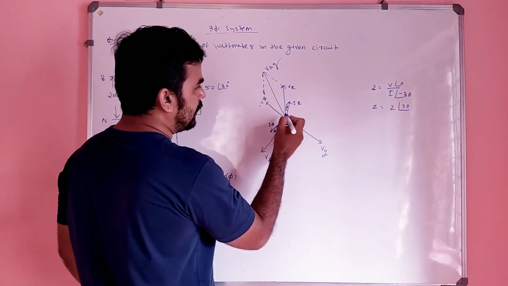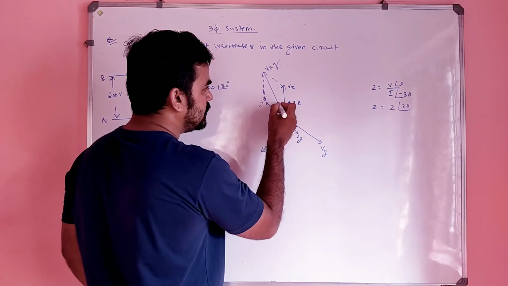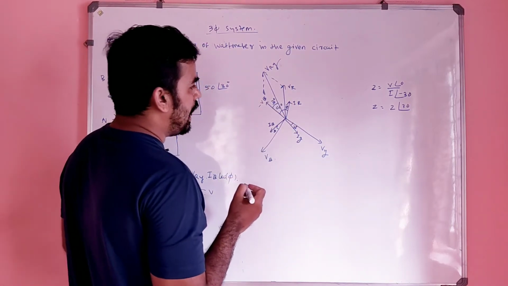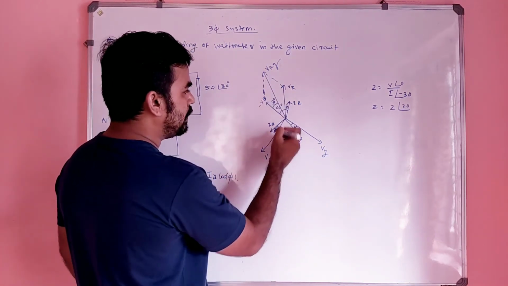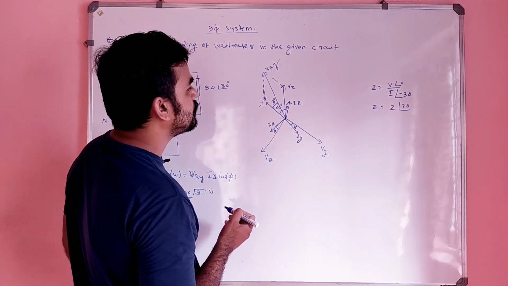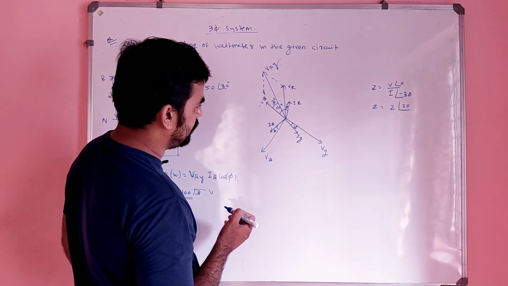So the total angle will be 60, right? And these will be 30, right? How can we find the angle between this VRY and IB?